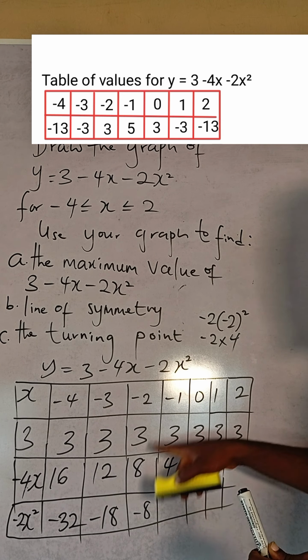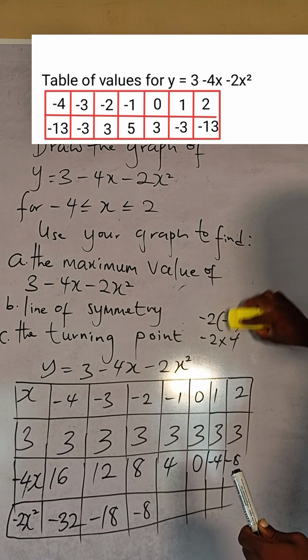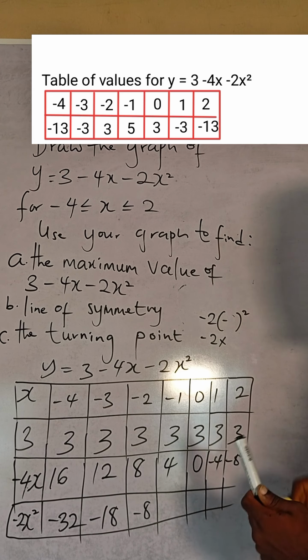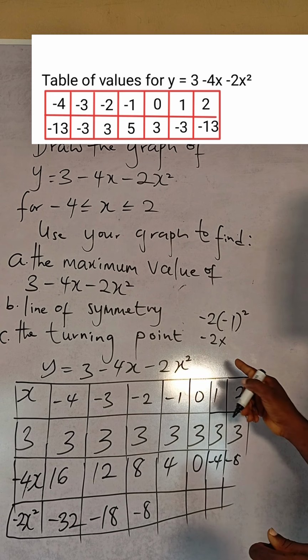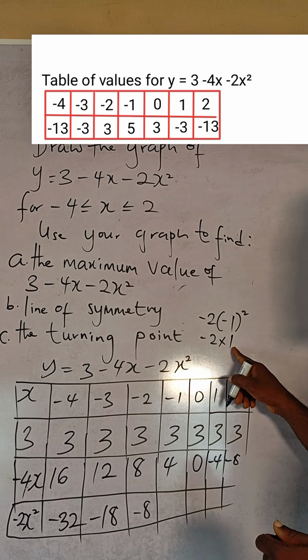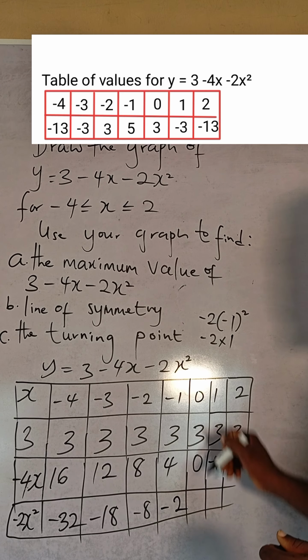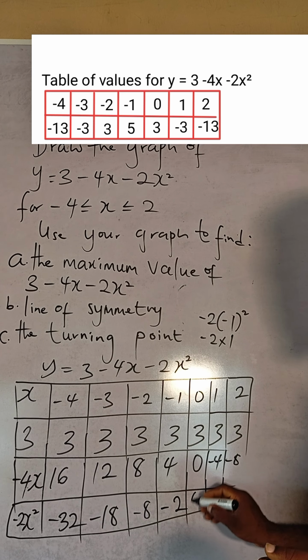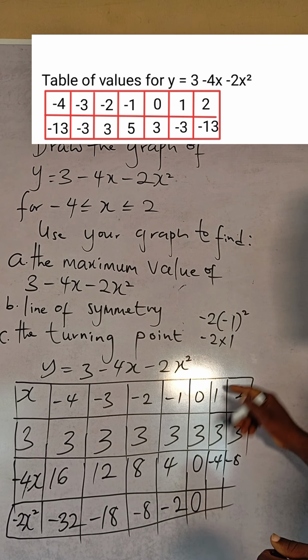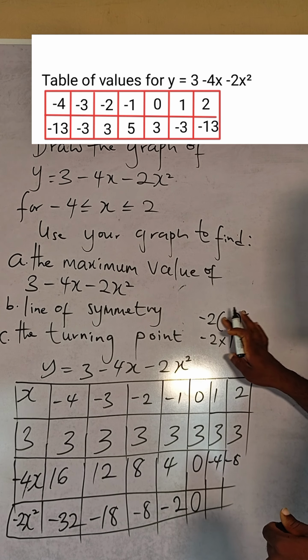The next x value here is -1, so I just put my -1 here. -1 to the power of 2 is positive 1. -2 times 1 is -2. This is 0, so no need to waste your time. 0 multiplied by any value is still 0. Coming here, x is now positive 1.